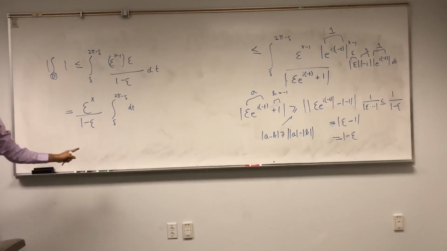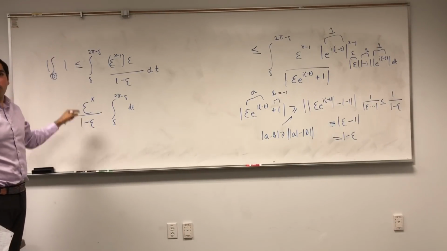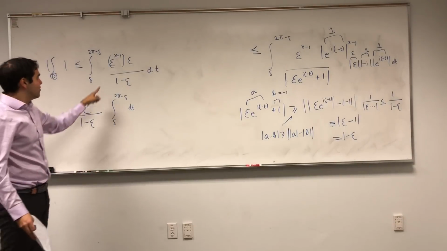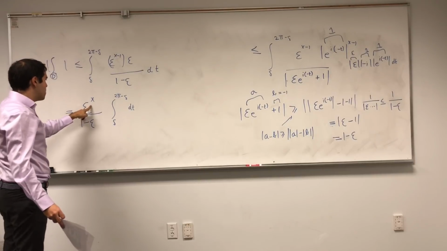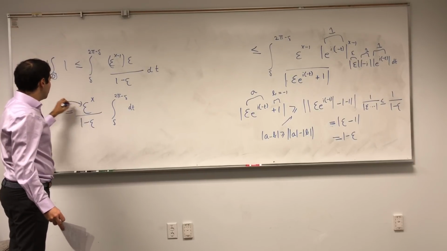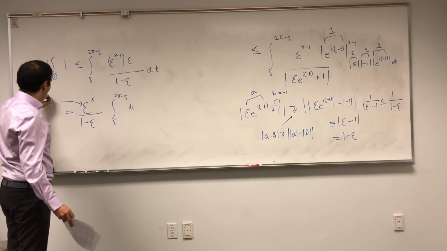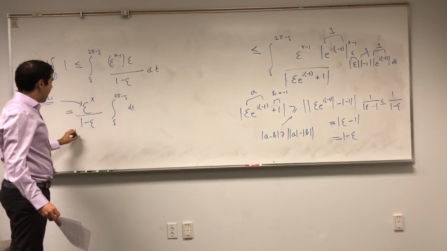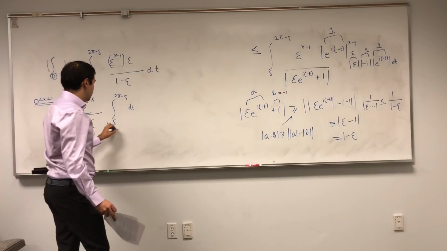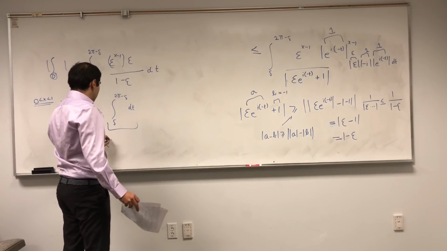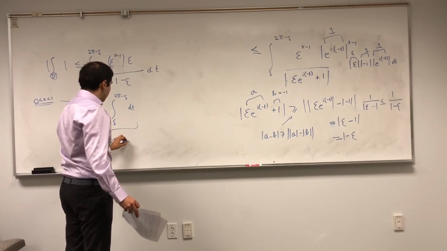And here's the cool thing. The exponents work out precisely so that this is true. If we had epsilon to the x minus 1, this would blow up. But remember that x is between 0 and 1. So in fact, as epsilon goes to 0, this goes to 0, and well, this is 2 pi minus delta.